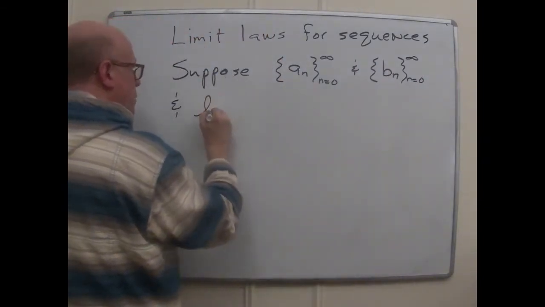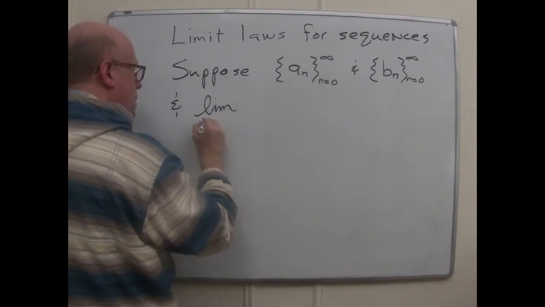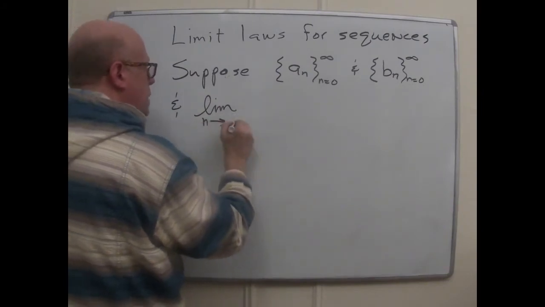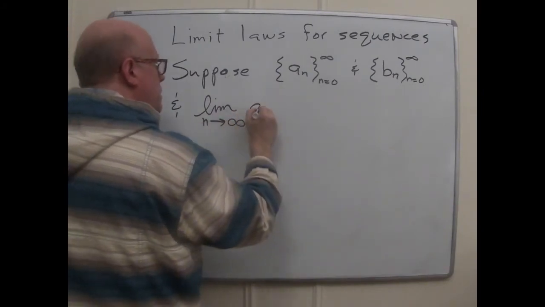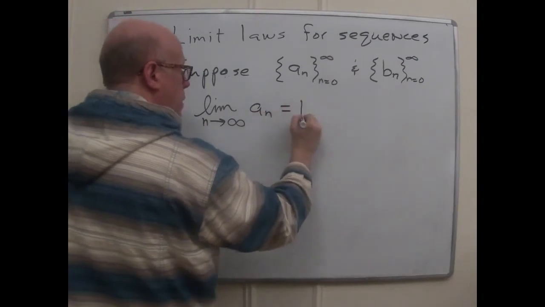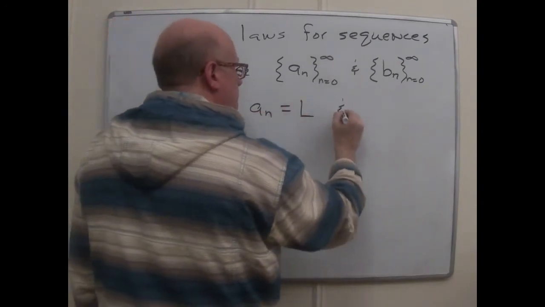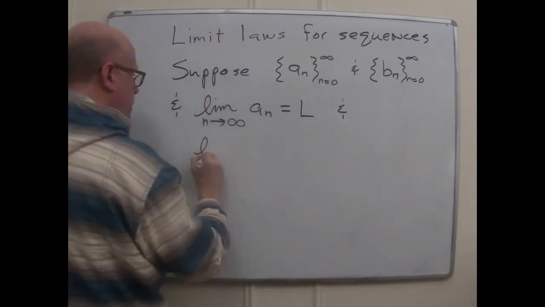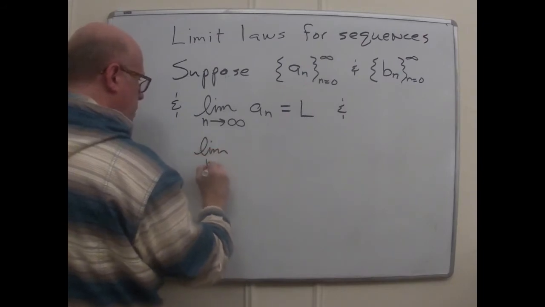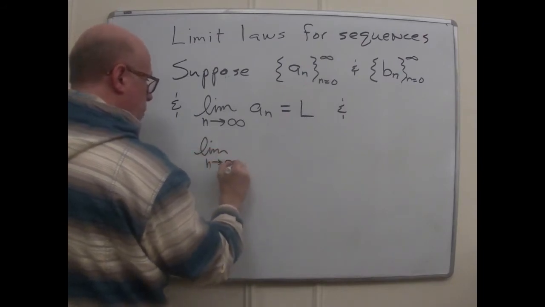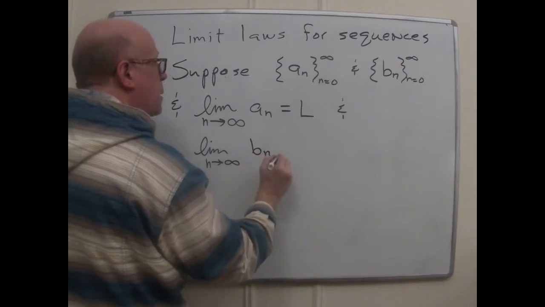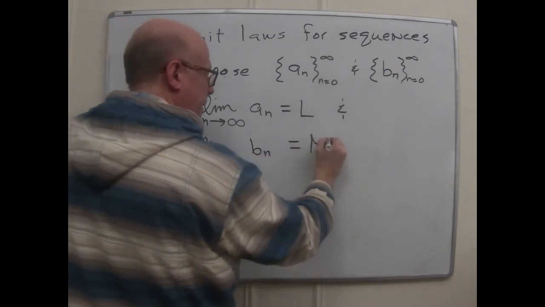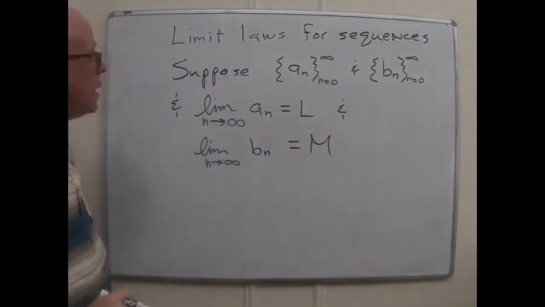So, for instance, the limit as n goes to infinity of a sub n is, say, L. And similarly, you've got a limit with the variable going to infinity for b sub n. And I'm just going to pick the next letter, M, okay?